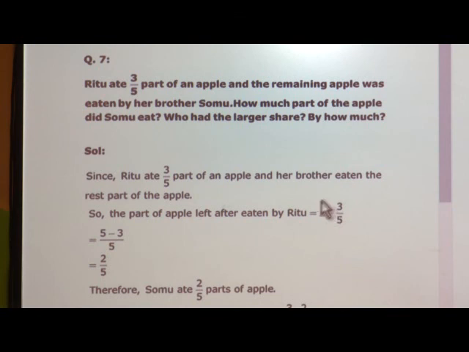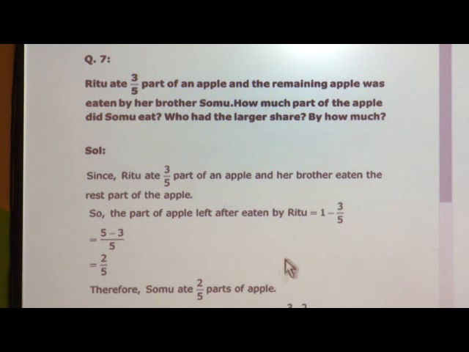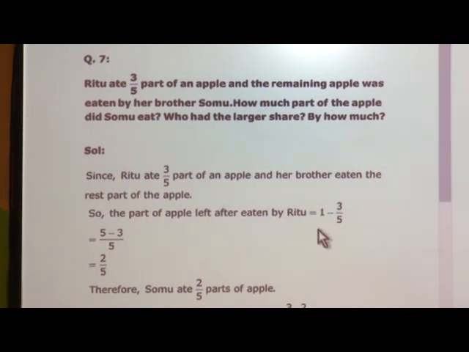I told you, ate, finish, difference, removed, means we have to go for subtraction. Already I have shown you a similar sum while doing subtraction of fractions.